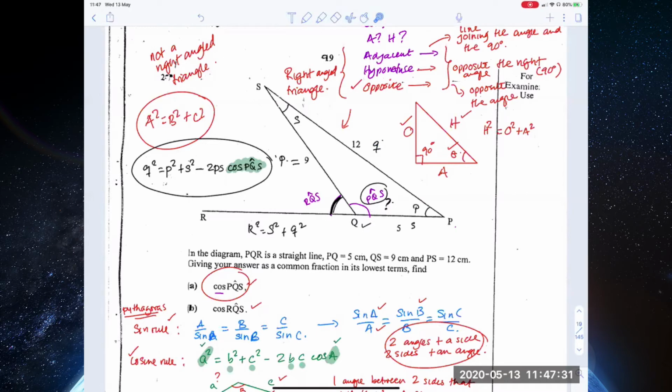Are you doing Pythagoras again? Well, we have to Pythagoras. Minus 2XQ. Where is the x coming from? You mean S?